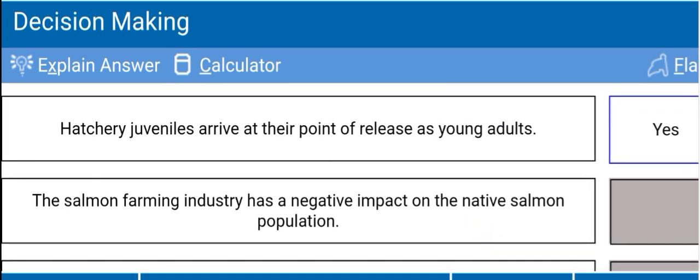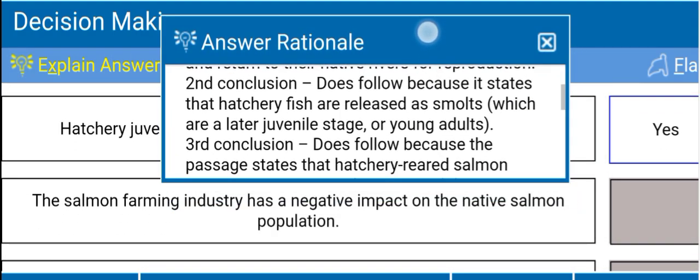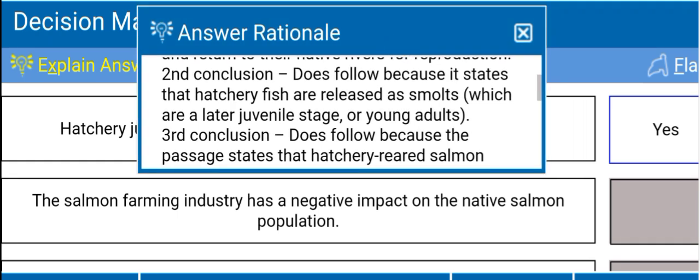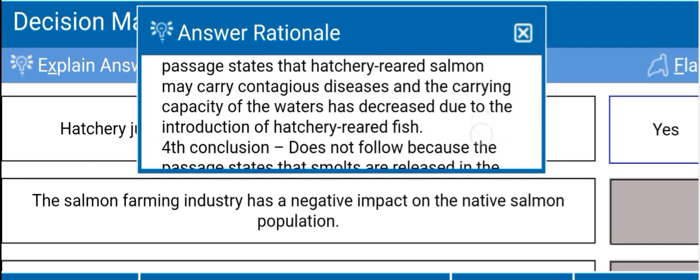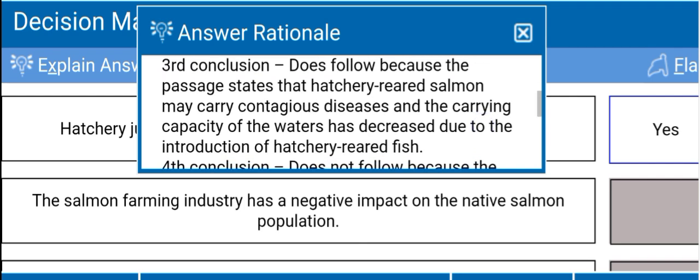The third conclusion says that the salmon farming industry has a negative impact on the native salmon population, and it does follow because the passage states that hatchery reared salmon may carry contagious disease and the carrying capacity of the waters has decreased due to the introduction of hatchery reared fish.